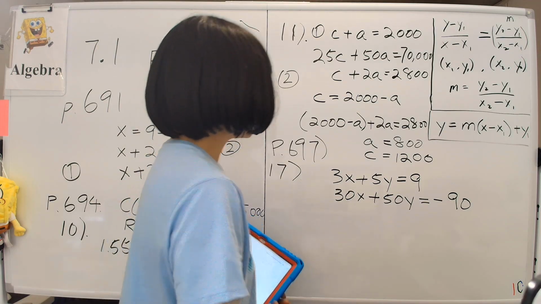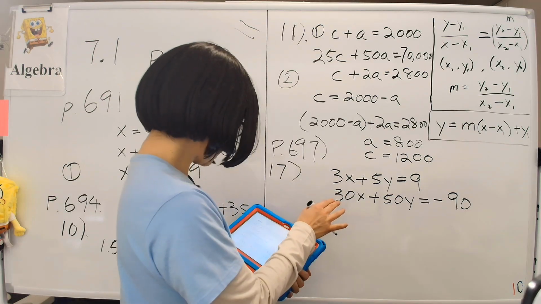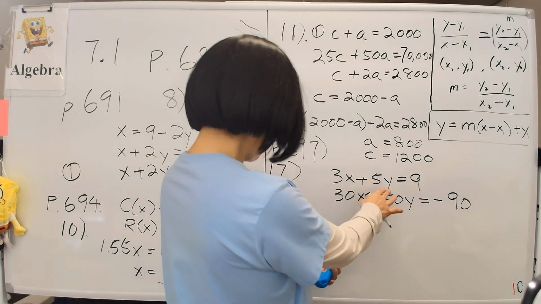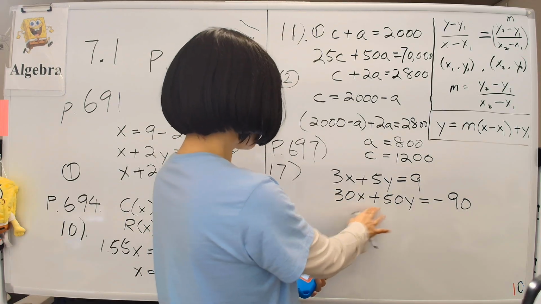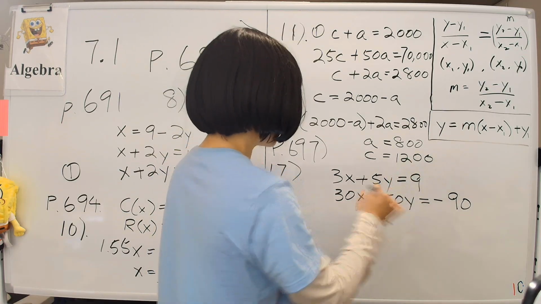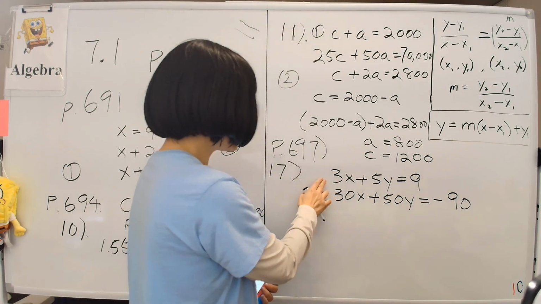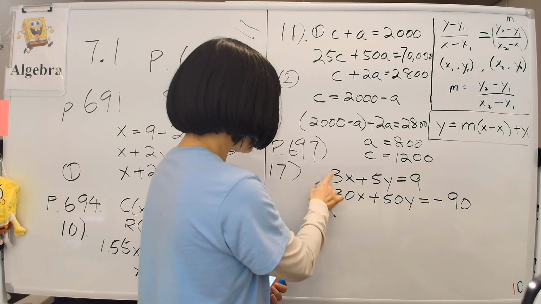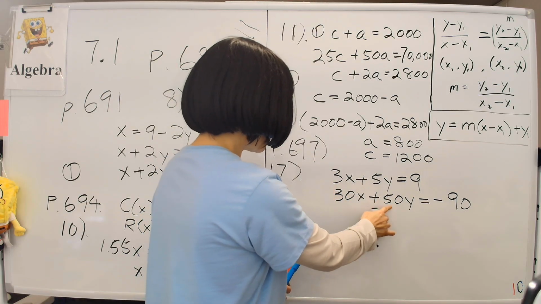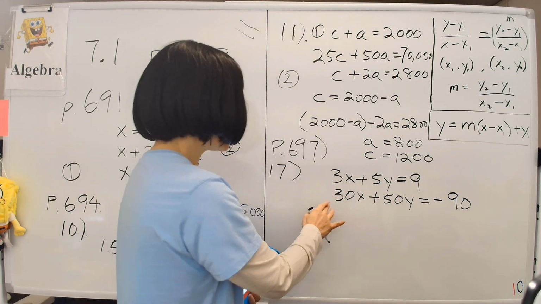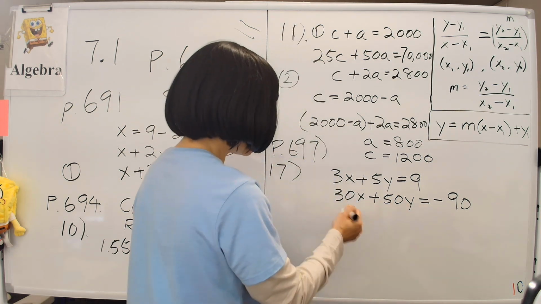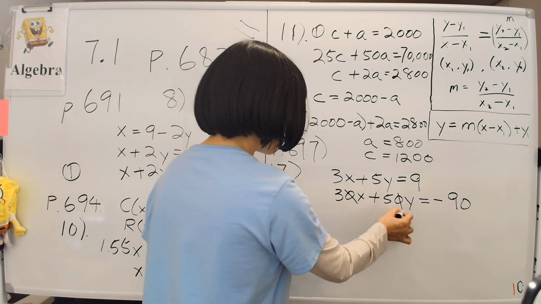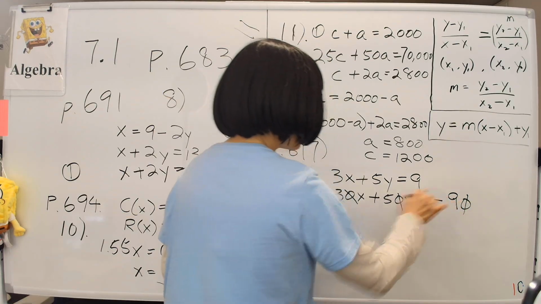So problem 17, the problem says 3x plus 5y equals 9. And then 30x plus 50y equals something else. Now, what you need to pay attention to is these numbers right here. See, it goes from 3 to 30, 5 to 50. It's proportional. That is, we can divide this equation by, say, 10, okay? Then we will get the same numbers here, except the last number is different.